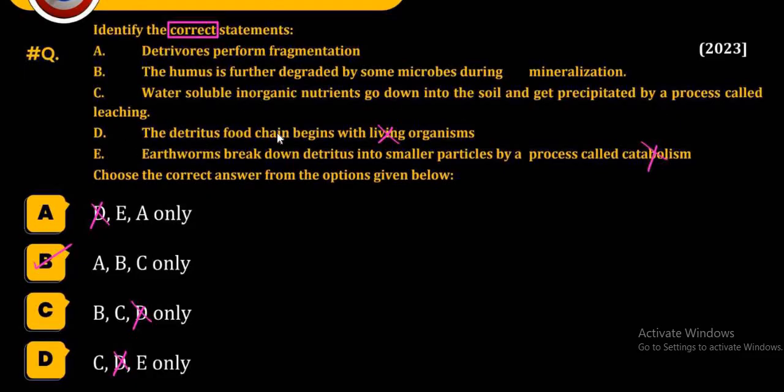D. Detritus food chain begins with living organisms. D is false. Earthworms break down detritus into smaller particles by the process called fragmentation. So the correct option is B. A, B, C, D only. A, B, C only.